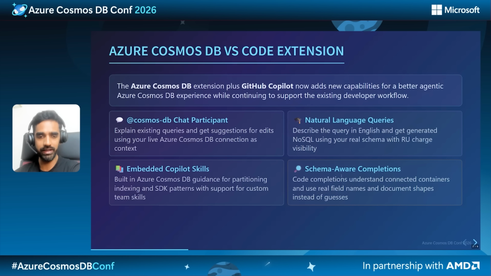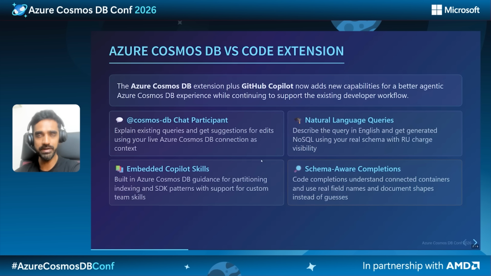And finally, when I actually start writing the real code, the experience gets even better with the schema-aware completions, so that we are providing the support within the VS Code extension to complete queries with the actual field names and the schema shapes from the connected containers instead of just guessing.